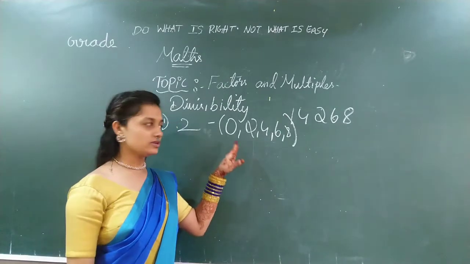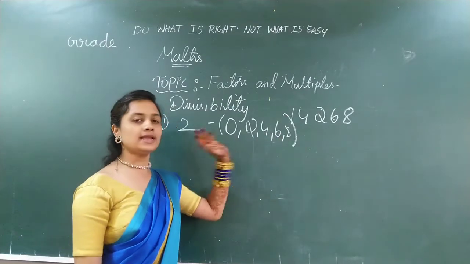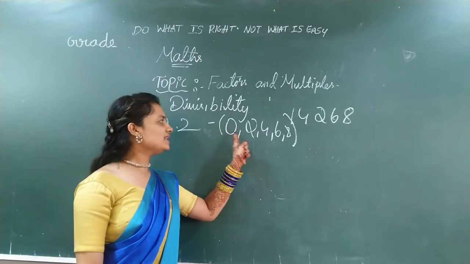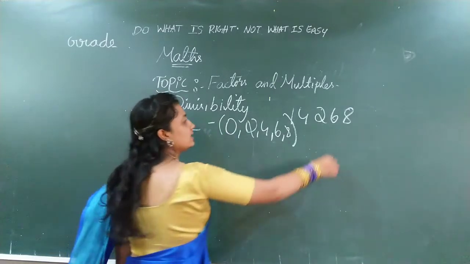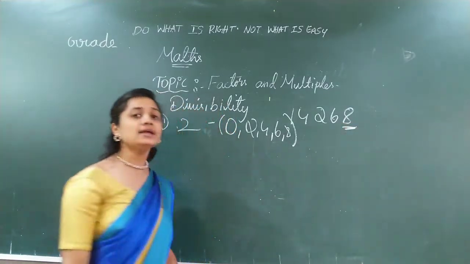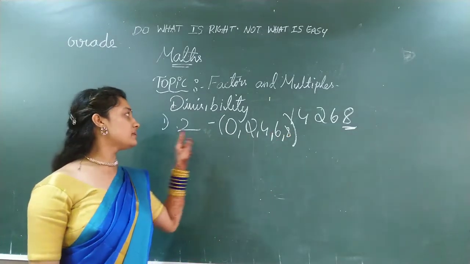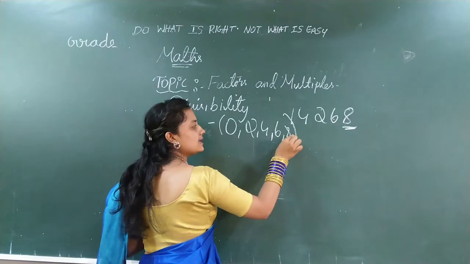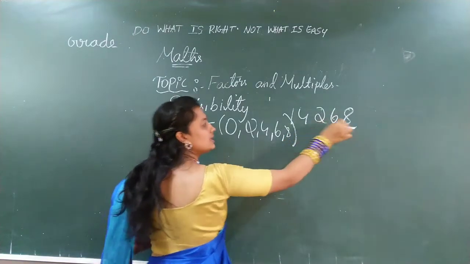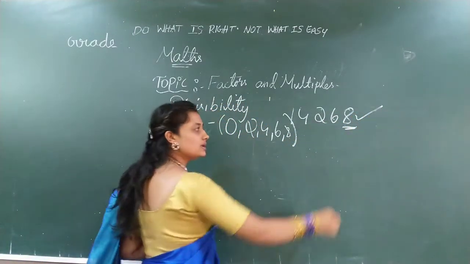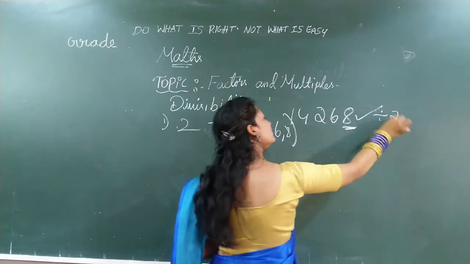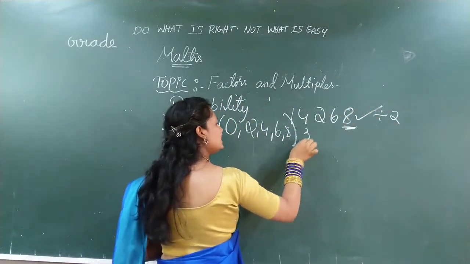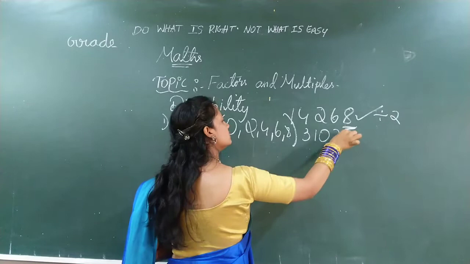Remember these numbers: 0, 2, 4, 6, 8. If you have any one of these numbers in the unit place, then definitely that number will be divided by 2. You can see 8 is in the unit place, so this will be divided by 2. You can divide it by 2 and you get remainder 0.